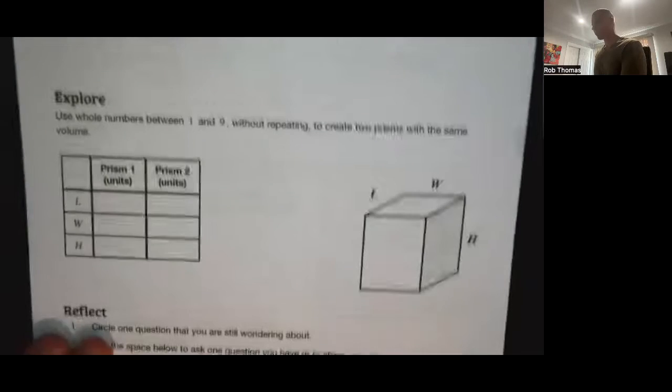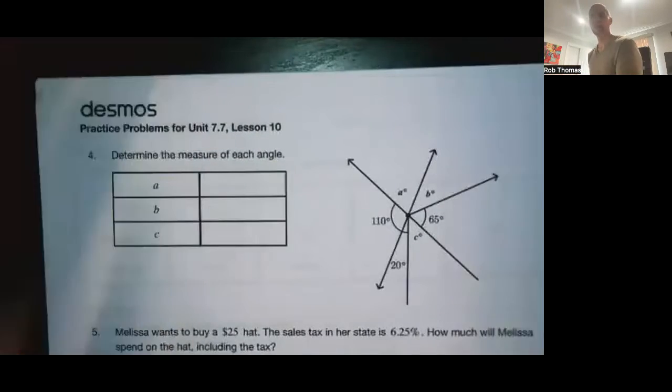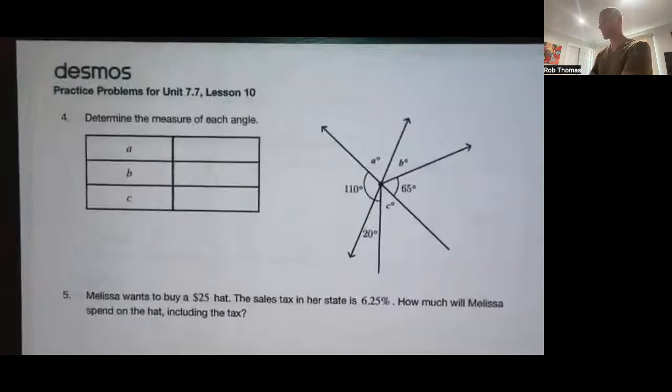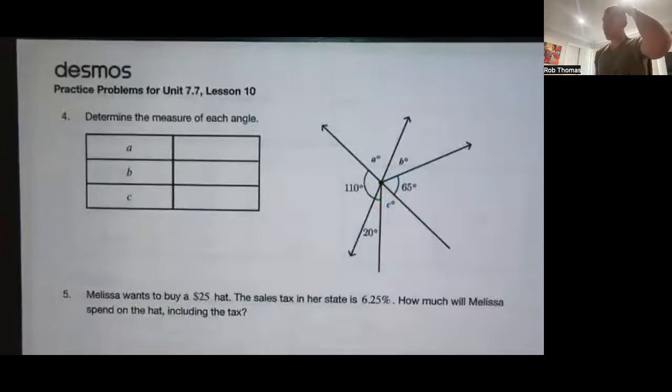All right, the next part. We got determine the measure of each angle. We did a bunch of these algebraically. Remember, the rule is that all these angles that go around a central point, their degree measures add up to, I hope you already know it, 360. So we know they all have to add up to 360.